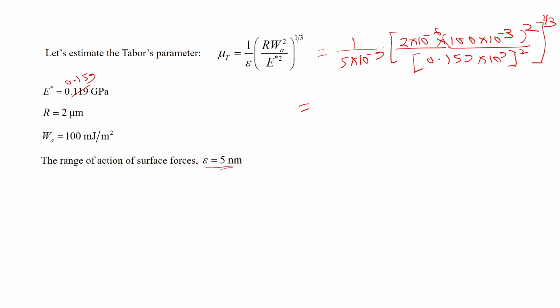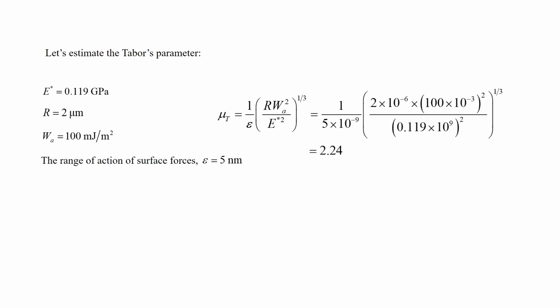This quantity you please find out using your calculator, and you find it to be about 2.24, though I took it as 1.9, so there is a little error there. It may be a little smaller, but it will be close to 2.24 or 2.2.